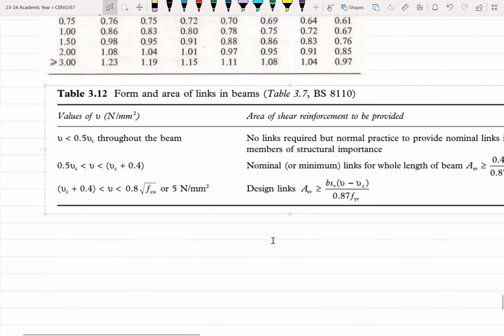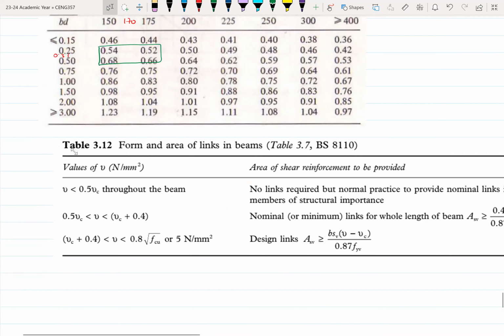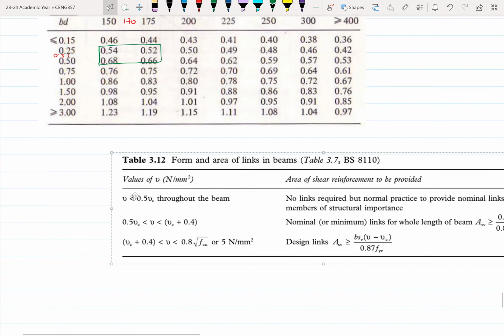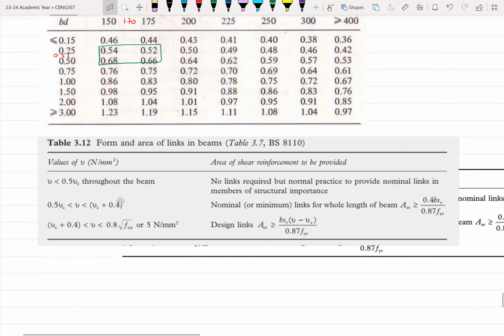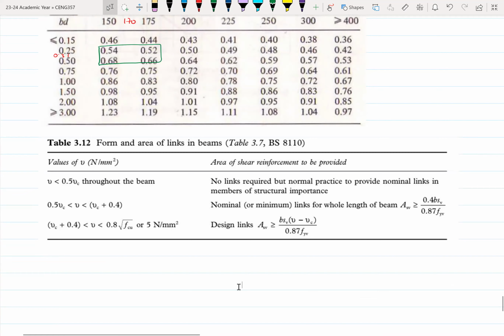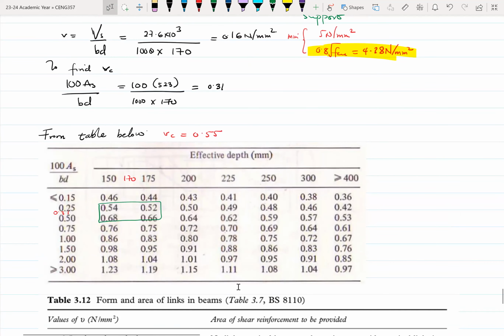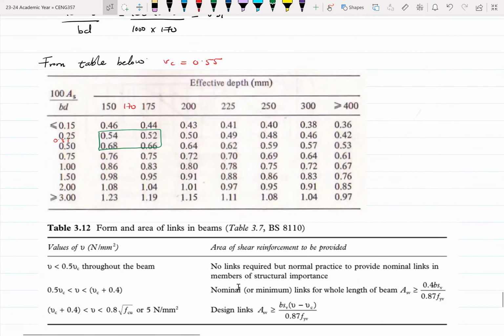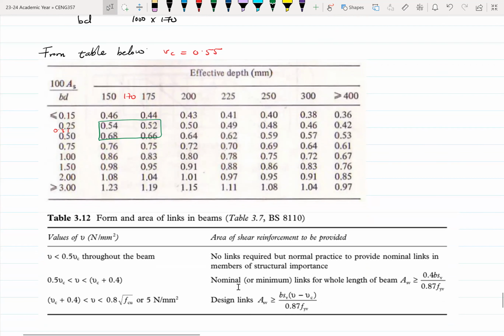So let's come to this table. Which of these data sets applies to what we are doing so far? All right. So our V is 0.16 and our VC is 0.55.